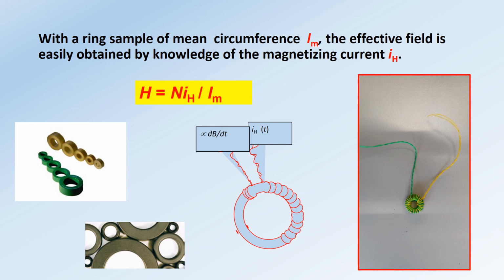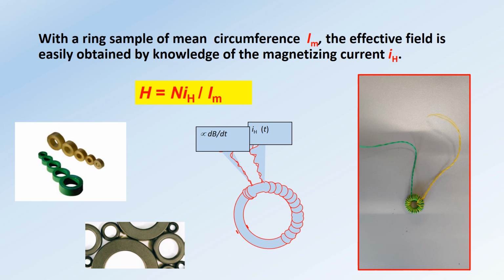In the figure at the left, you see some pictures of commercial ferrite toroids, different size. And on the right figure, you see the manganese zinc ferrite sample we will measure in the laboratory with the primary green wire and the secondary winding yellow wire.